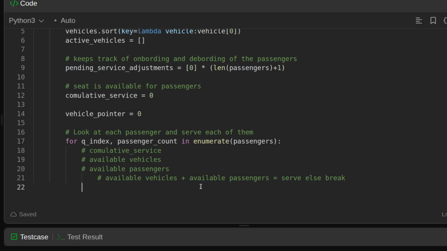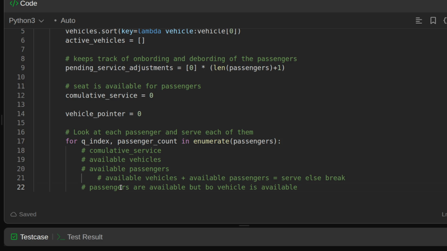Now suppose I have fewer services than passengers, passengers are more, are available, but no vehicle is available.